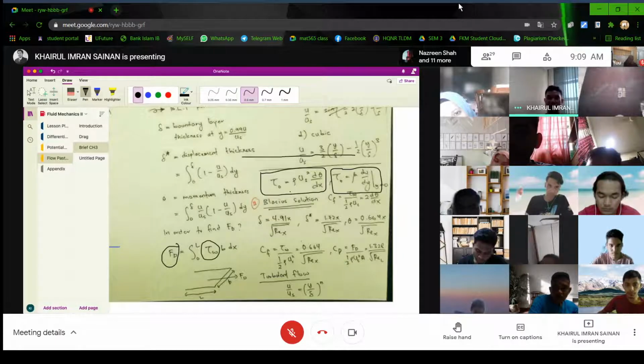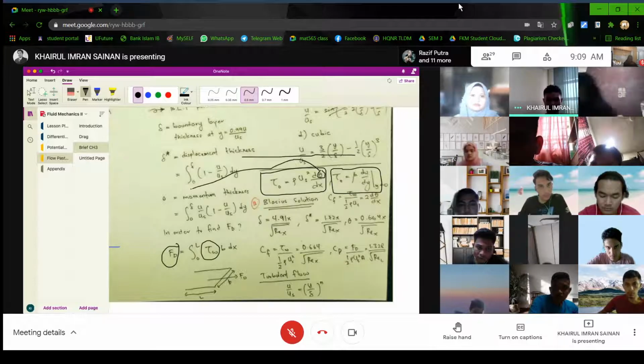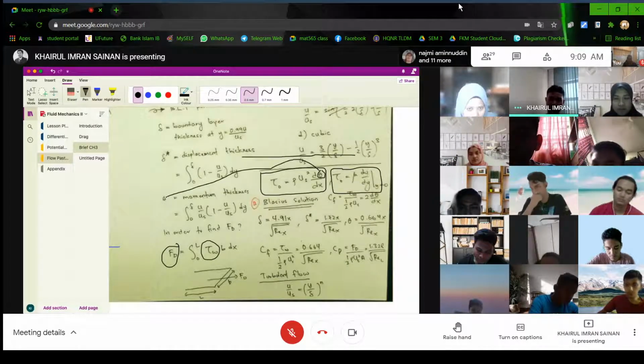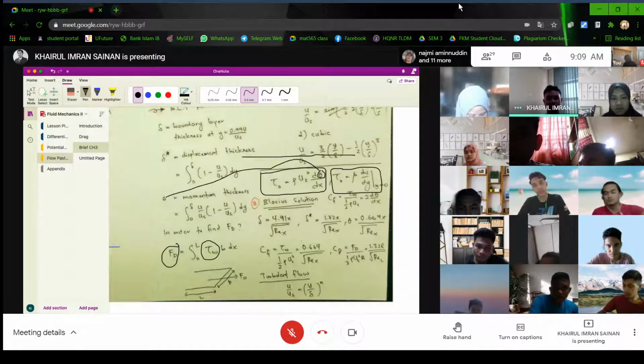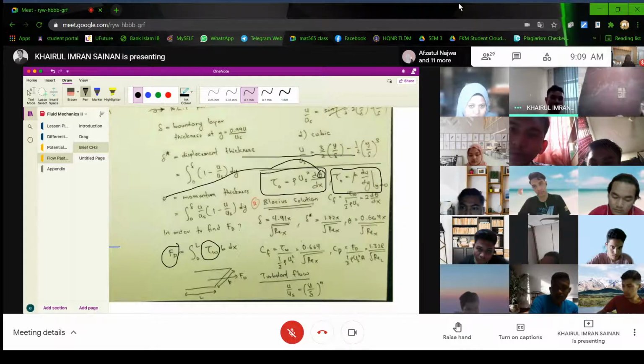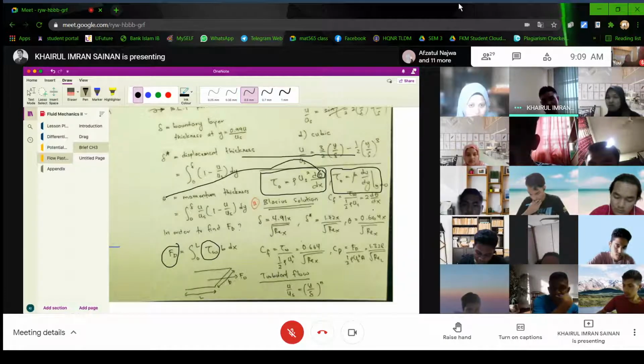Okay. So in order for us to determine this tau, we need this. What is this? Momentum thickness. Right. So after determining momentum thickness, then we can determine tau, then we can determine drag force. Okay.